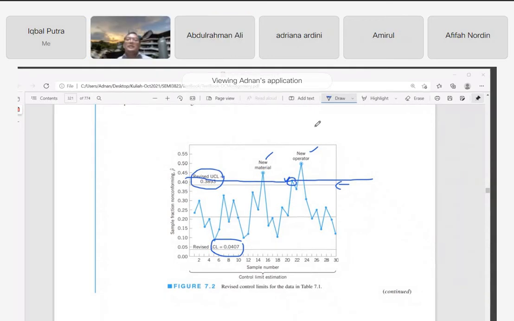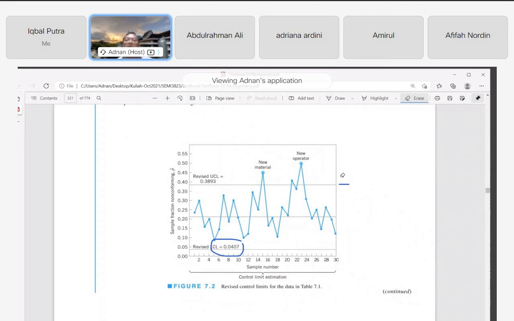Okay, this control limit is smaller. Normally when we revise, we get smaller limits. This control limit is actually based on the 28, so you get a smaller limit.